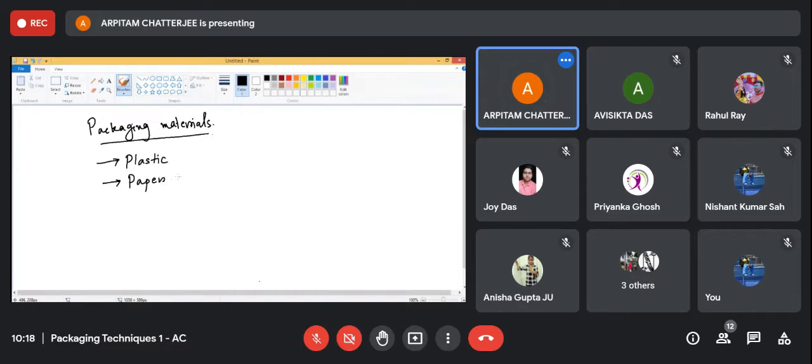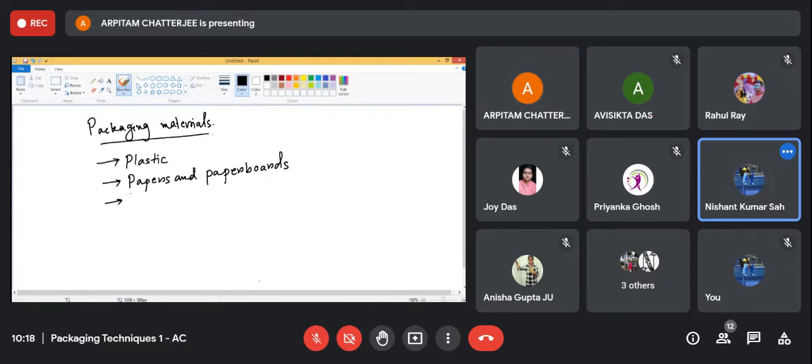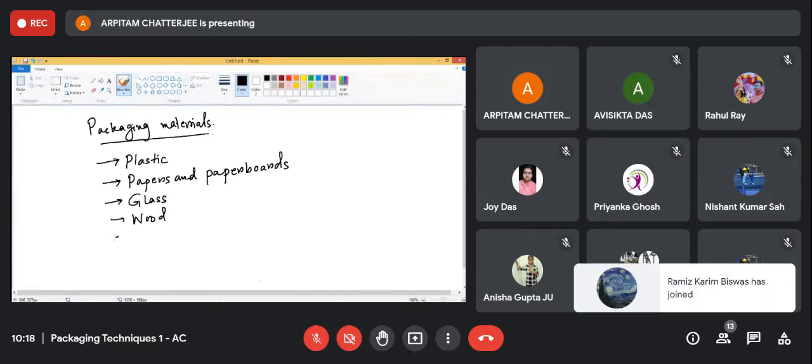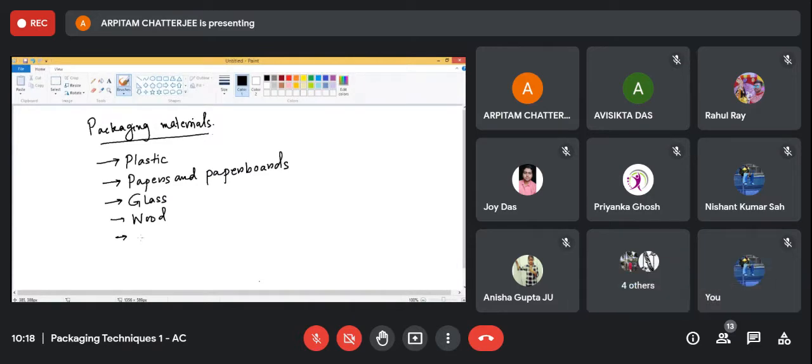paper and paper boards. Okay, these two are different things, because in general we may not differentiate them, but technically there is a big difference between papers and paper boards, and we will learn that. Anything else? Plastic, glass, wood, metals.